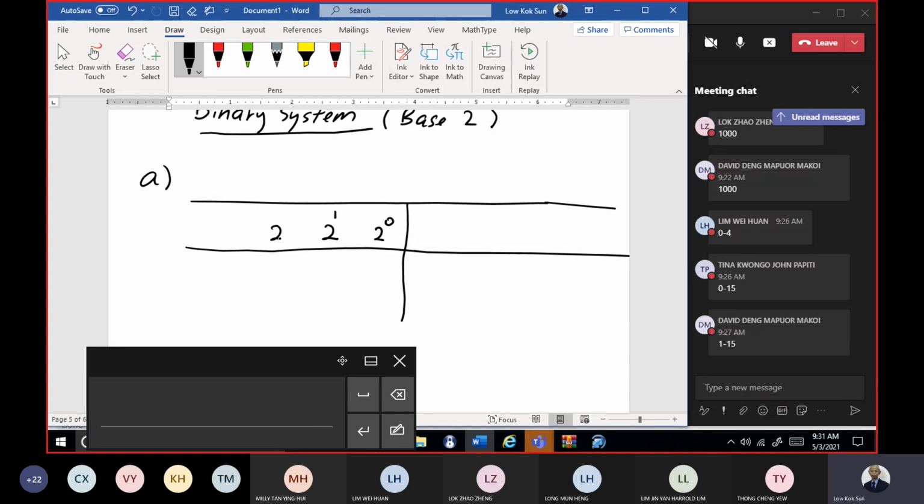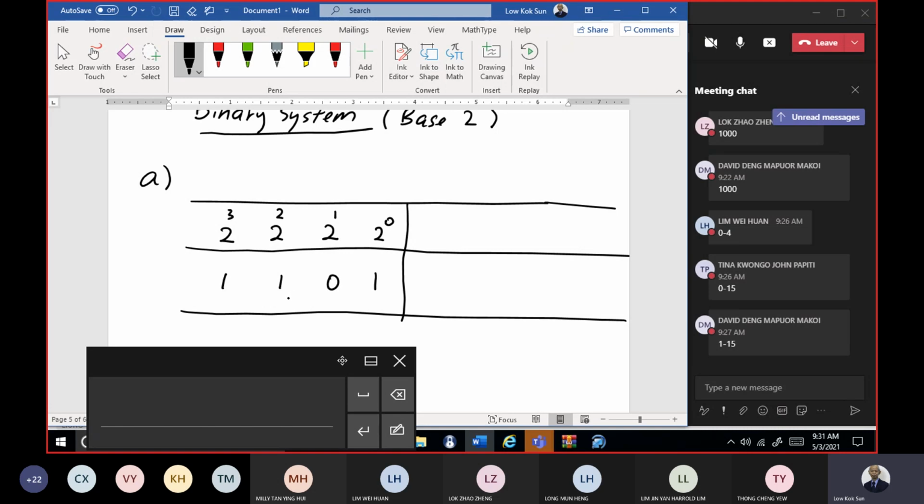Base 2, I put 2. The third number to the front has power of 2 and so on. So depending on which position you are. For example, if I tell people my salary here, because I cannot use other numbers, it's only 0 and 1. So I got 1, 1 here, and got 0 and 1. How much is this?